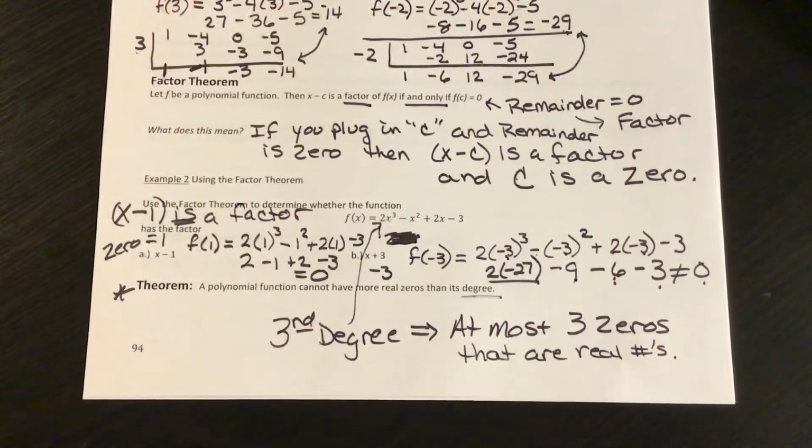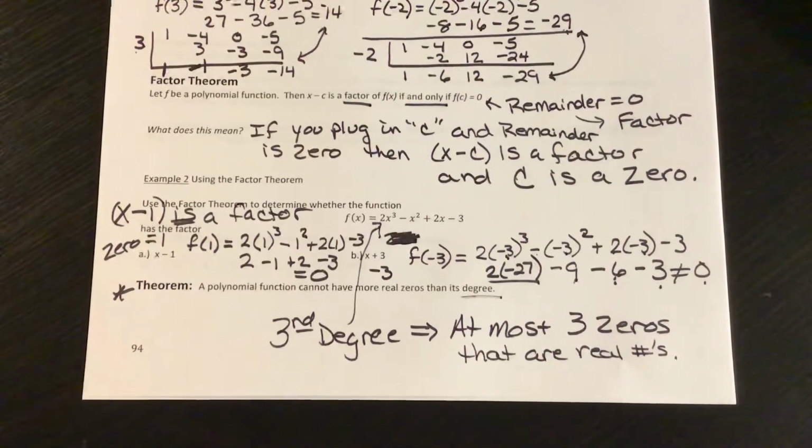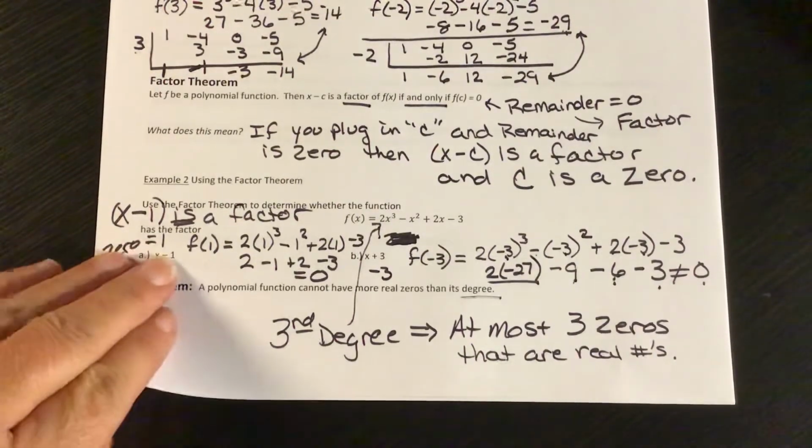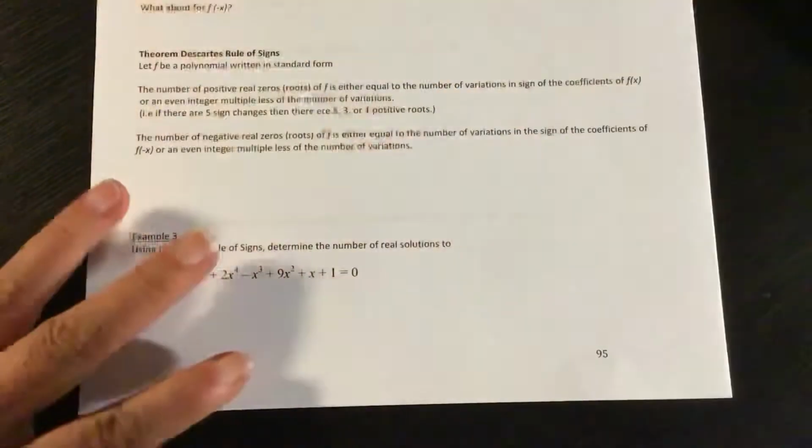Usually we think of our zeros as being integers, but they could also be fractions, and any kind of number that's a real number. All right, moving along.